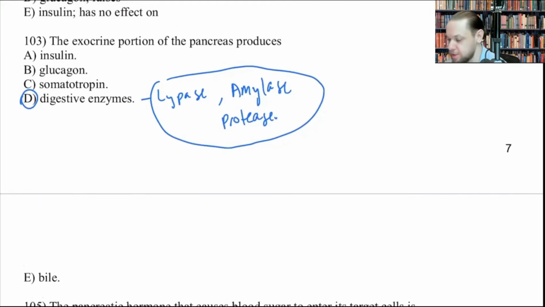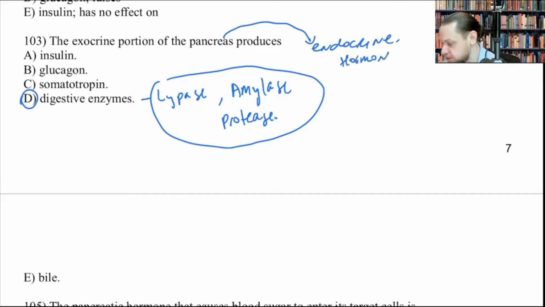But my question is, what about your endocrine secretions from the pancreas? The pancreas has your endocrine secretions, which are your hormones, predominantly insulin and glucagon. Where do these get secreted? Do they get secreted in the same place as the digestive enzymes?